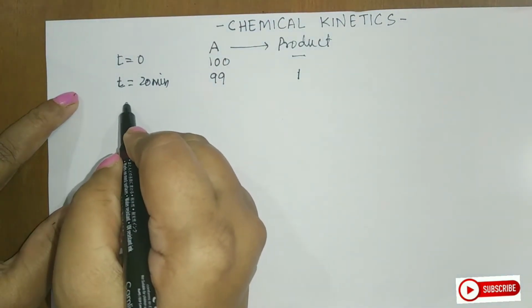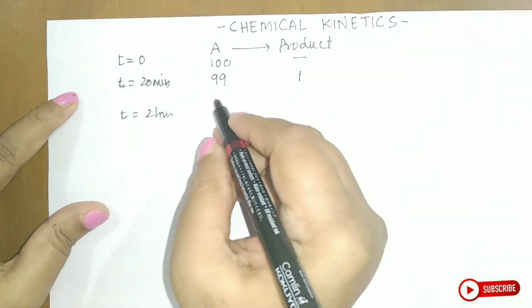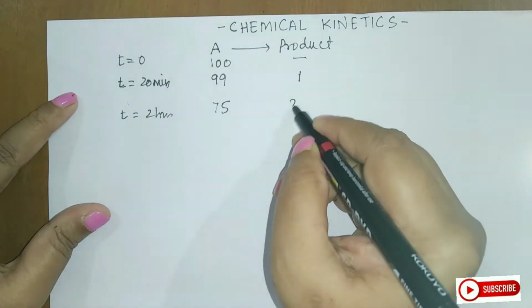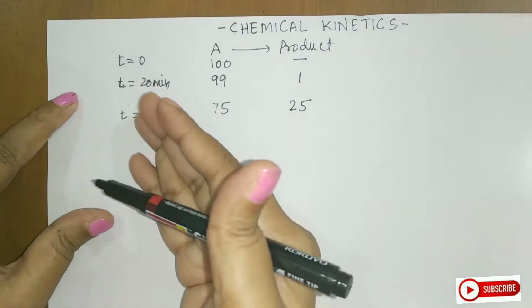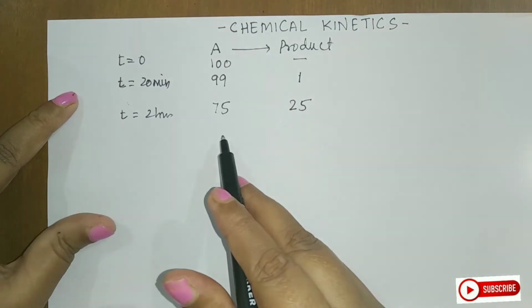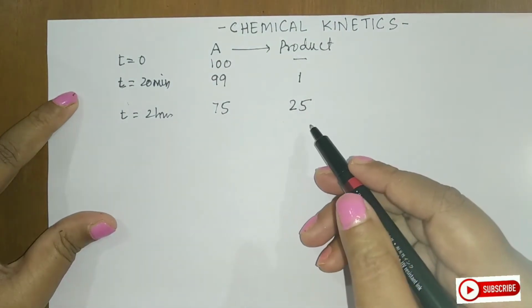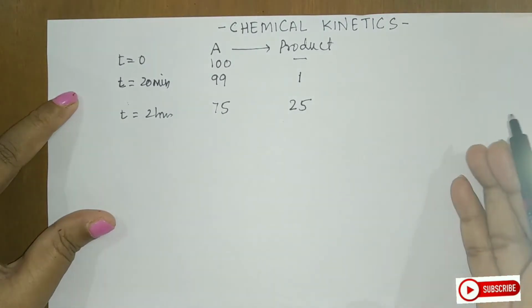As time continues, after 2 hours, the concentration of the reactant is 75 and the product is 25. What it indicates, students, is that as time passes, the concentration of the reactant is decreasing while simultaneously the concentration of the product is increasing. Meaning the reaction is proceeding towards the product side.